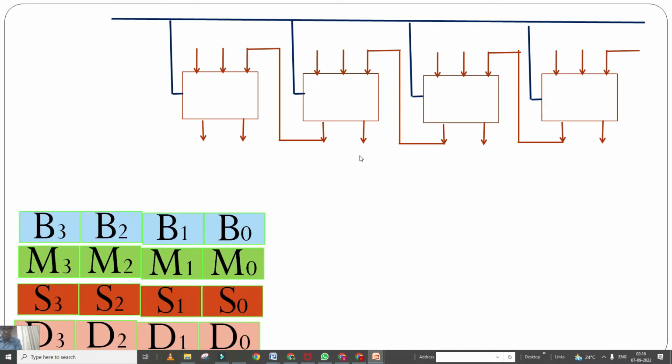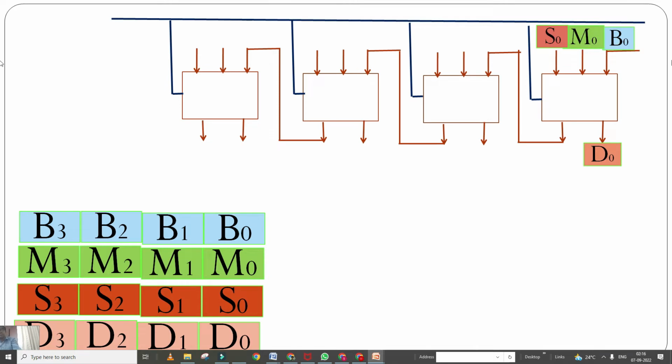Let's assume these are the initial borrow B0, M, S, and the output is D0 with borrow. If the borrow is generated in this operation, it will propagate to its higher significant bit.